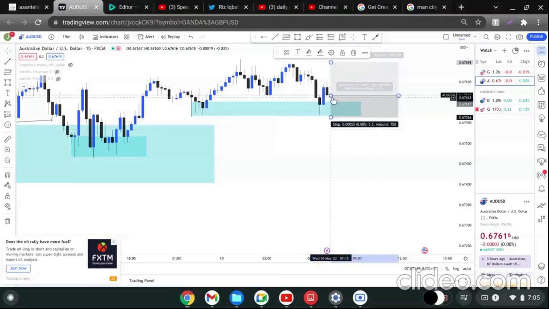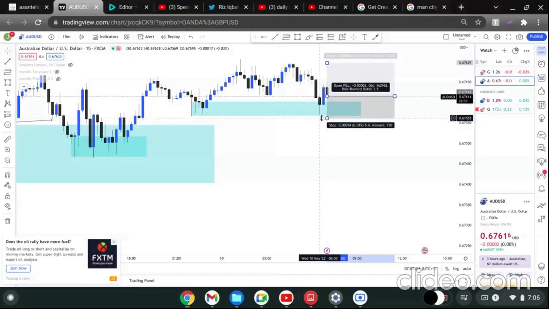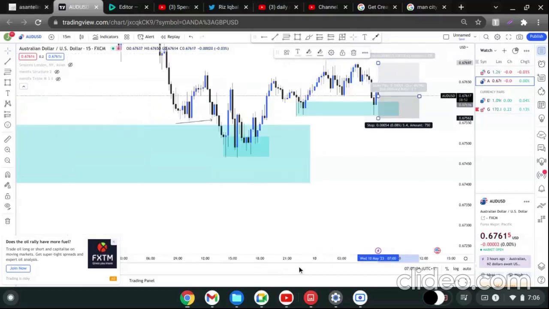I've already taken a buy on the phone, and yeah, let's see what price does. So the target is the liquidity on the top side.